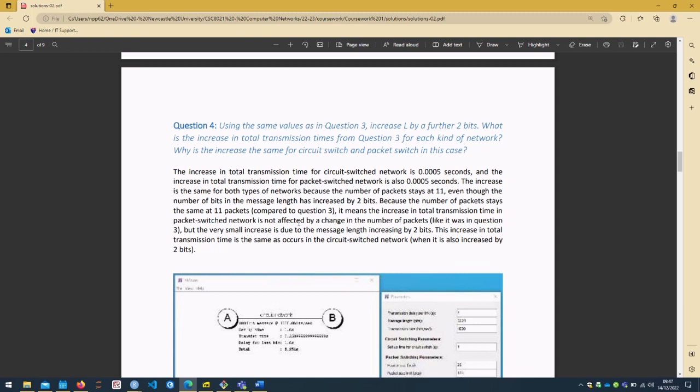So the increment is the same in each network.